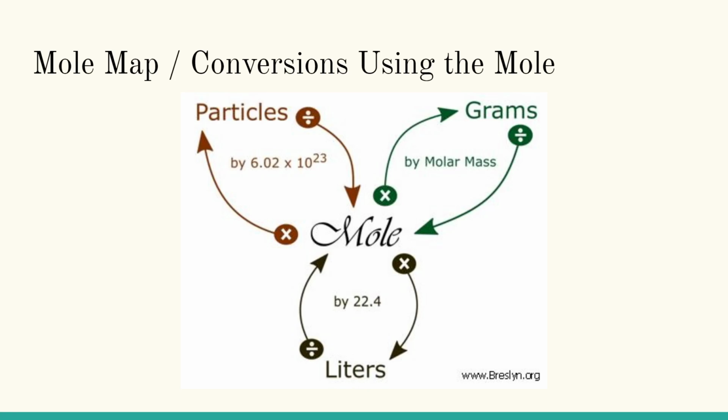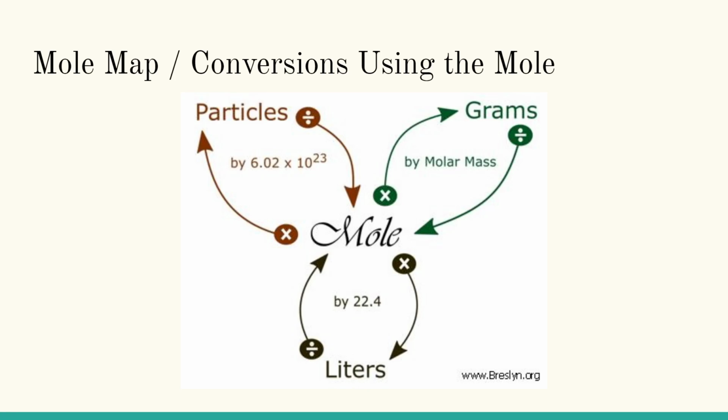The other really useful one is when we're talking about gases. Gases, especially when we're at standard temperature and pressure, have a set amount of volume that they inhabit. And 1 mole of a gas is going to equal exactly 22.4 liters.